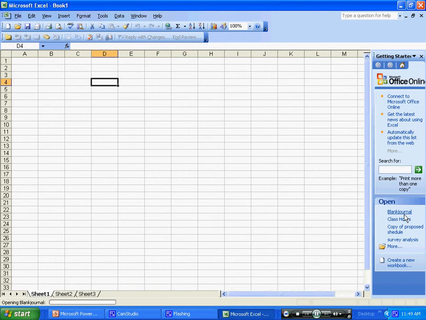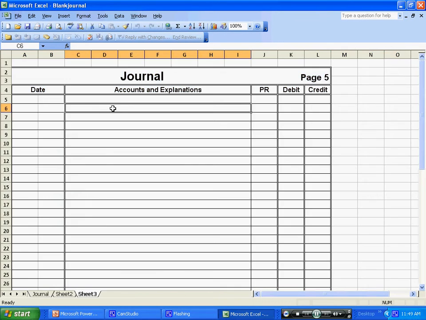Please compute these amounts. The gross profit percentage is gross profit, which we find by subtracting cost of goods sold from net sales, divided by net sales.